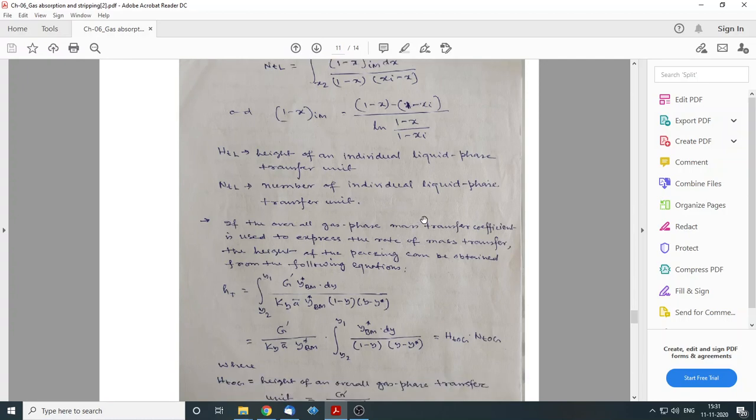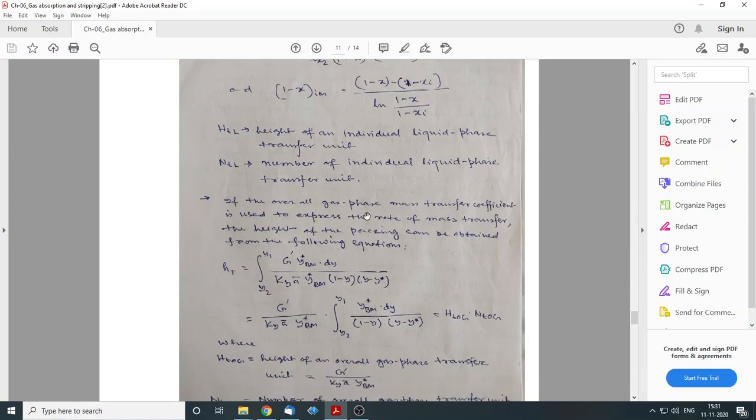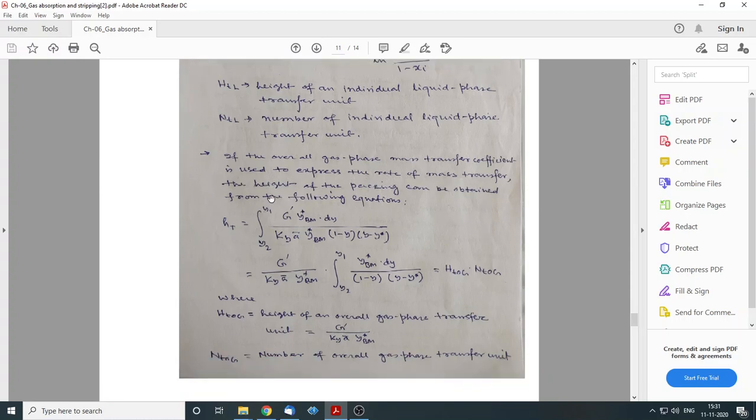Now if I want to express it in terms of overall, if the overall gas phase mass transfer coefficient is used to express the rate of mass transfer, the height of the packing material can be obtained from the following equation. Then it will be G dash over capital K y a, with (1 minus y) star m, because the driving force is y star minus y. Earlier the driving force was y i minus y, that's why it was y i m.